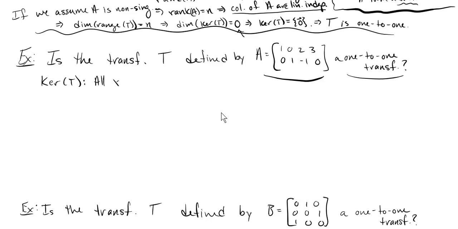It's all vectors x such that T of x, which is just in this case A times x, equals the 0 vector. Well, so let's set this up and solve. Let's find these vectors x that do this, right?